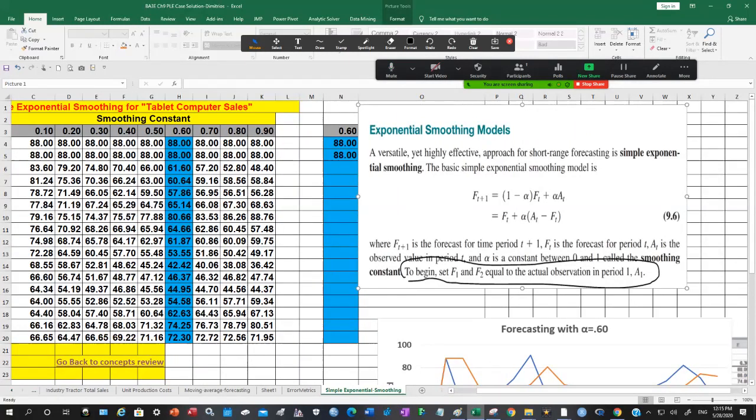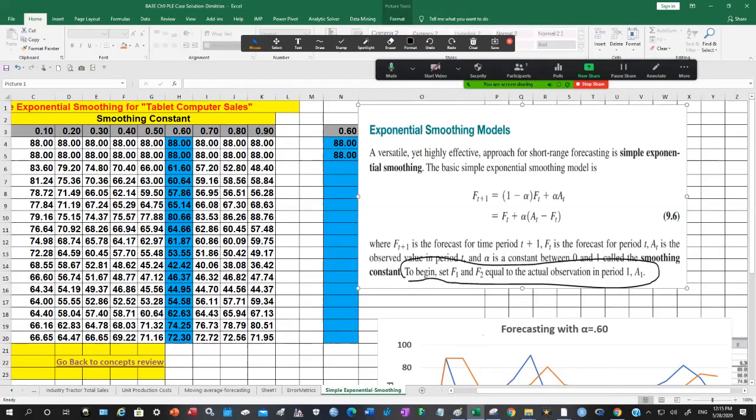So F of t plus 1 is the forecast of the next period, or the forecast in period t plus 1. F of t is the forecast for period t. A of t is the actual, the observed value in period t, and alpha is our smoothing constant.